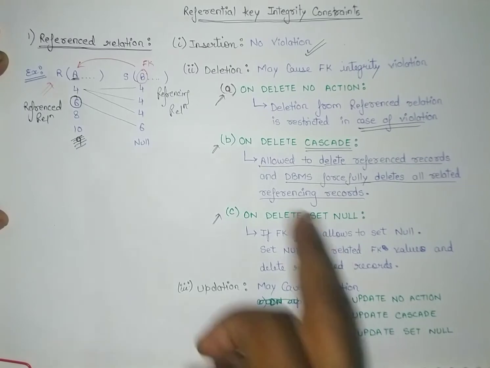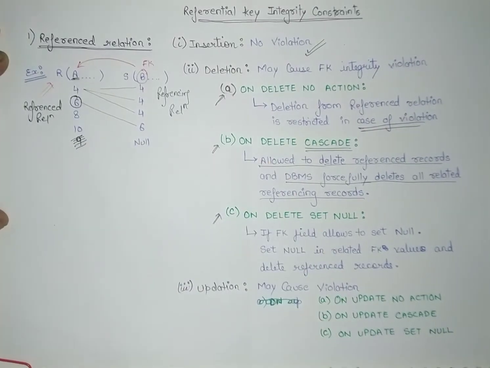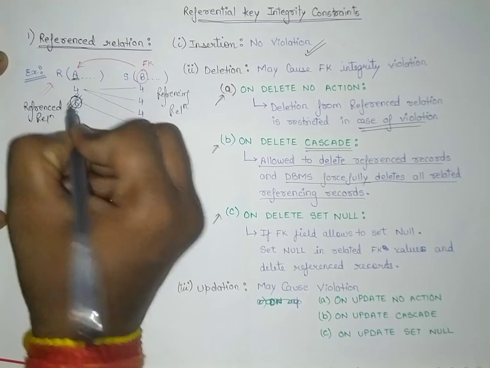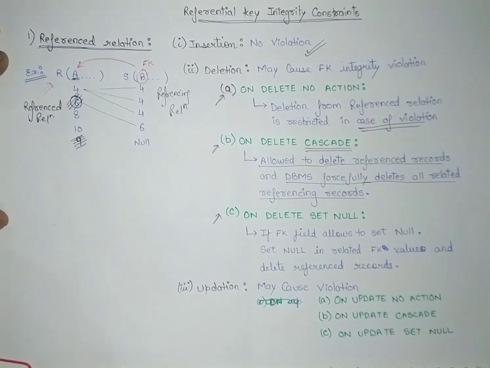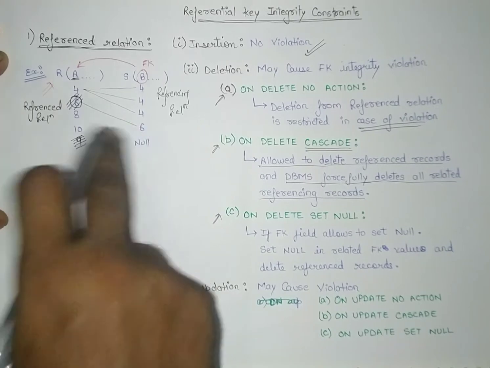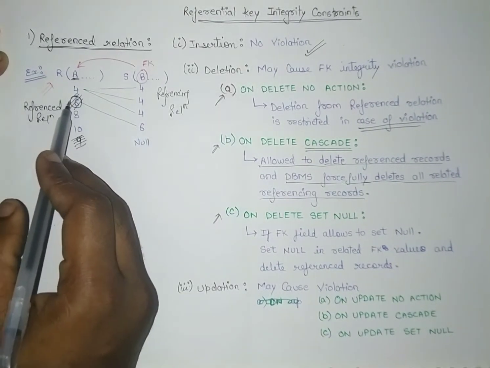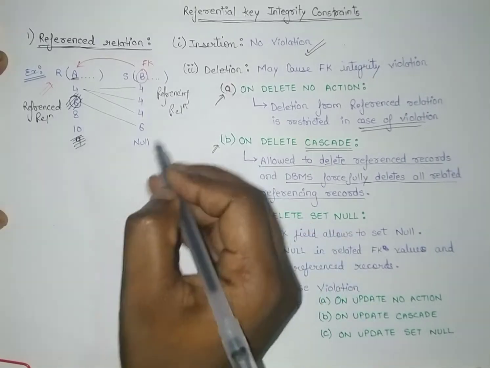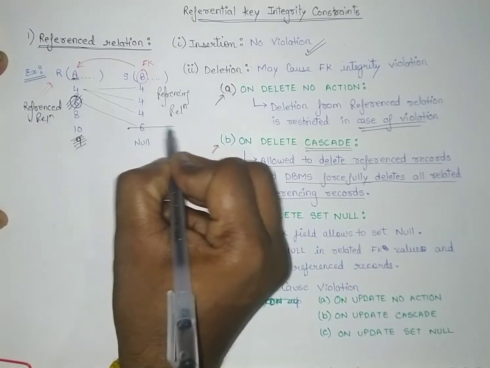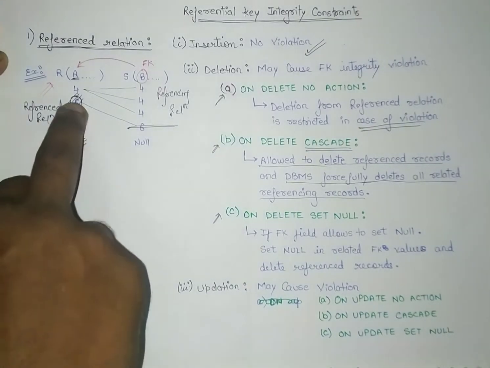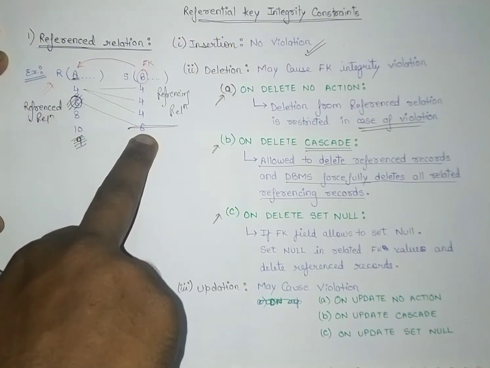For example, if I try to delete 6, I can delete 6, but at the cost of the deletion of this particular 6 as well. Deletion is allowed, but the database management system forcefully deletes the related referencing record. So this is related with this, so it has been deleted.